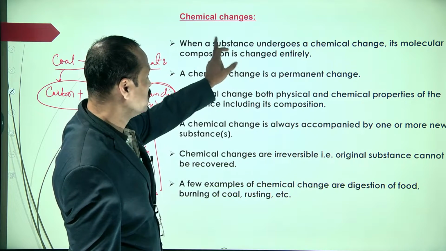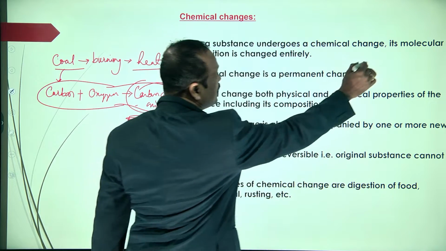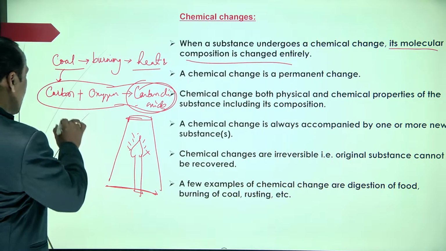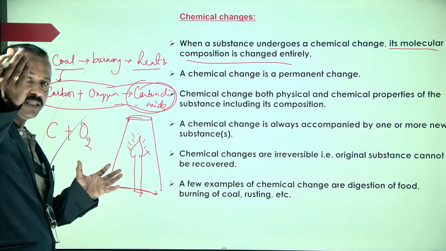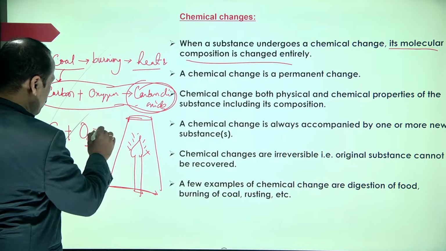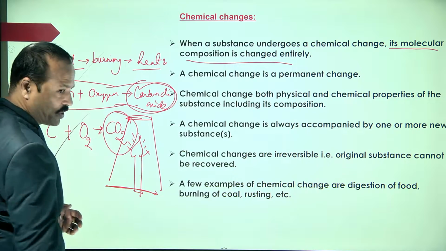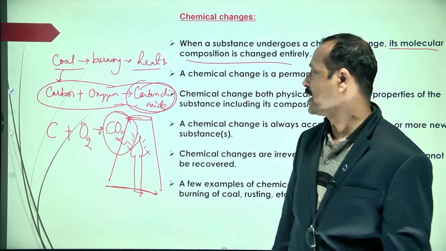That's the meaning: when a substance undergoes a chemical change, its molecular composition changes entirely. I am taking the carbon and individually oxygen is there, but both react and form a new substance called carbon dioxide, with a new molecular formula.